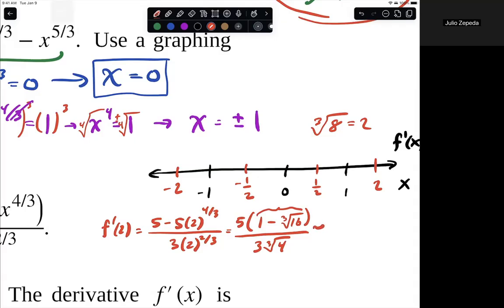Okay, so I got approximately negative 1.595.